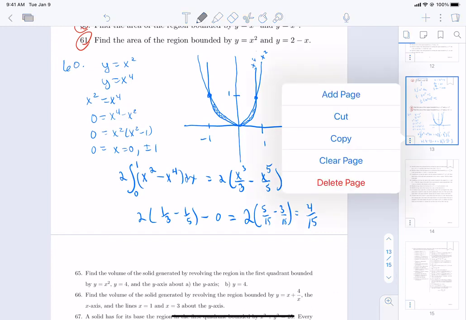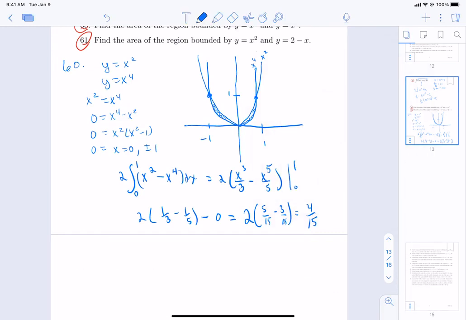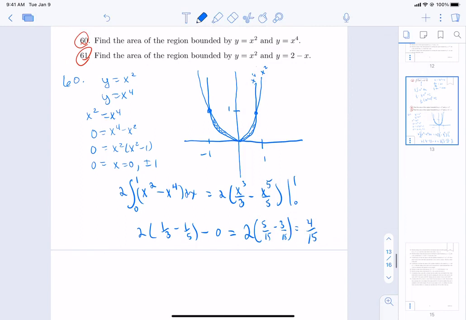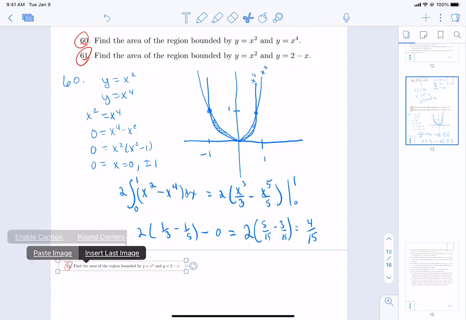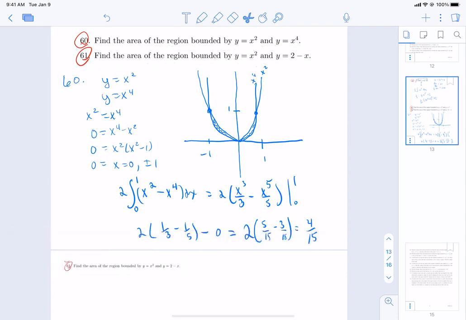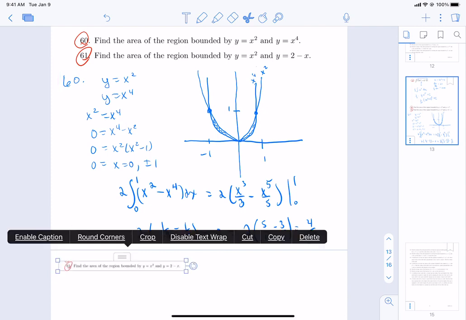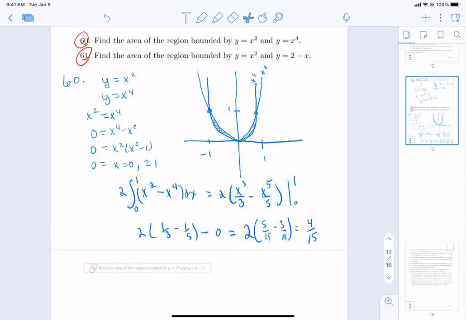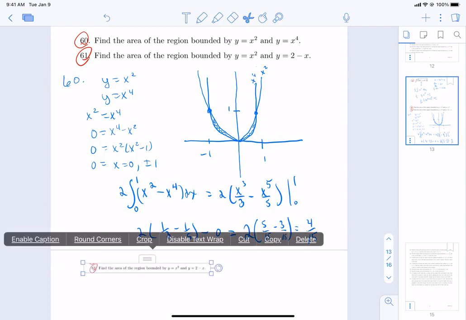So there's 60. I'll let you copy that down and then we'll do 60. That's all I do. Just trying to make it bigger.